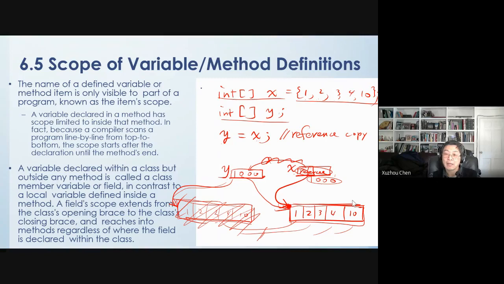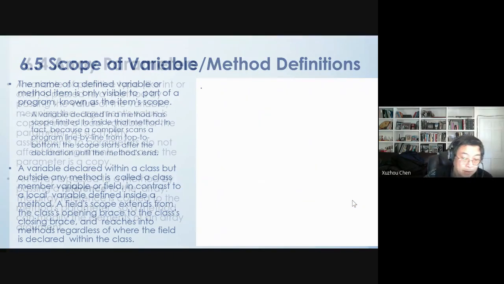Like you say, if I copy x to y, and then I change y, I also change x, right? That also happens with passing a reference to a method. If I change anything inside the method, that's a good question.